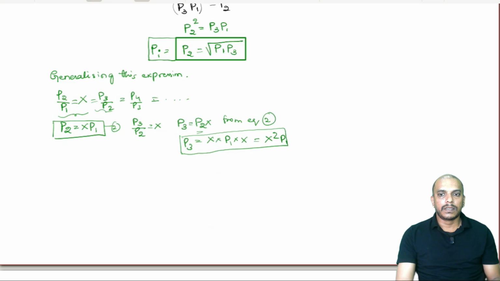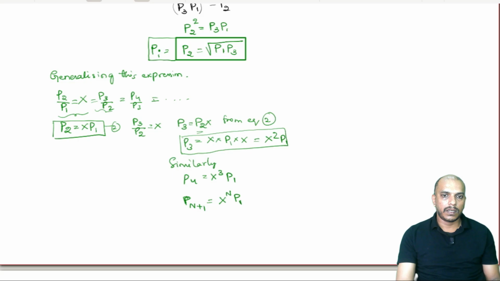Similarly, P4 is equal to X cube times P1. Now, what did we get? We get pressure n plus 1 will be equal to X power n times P1.